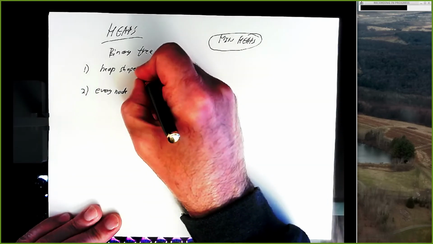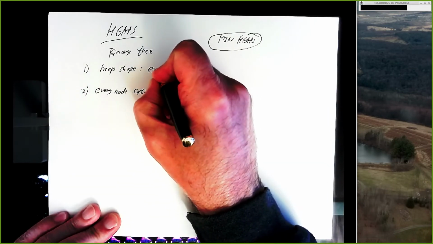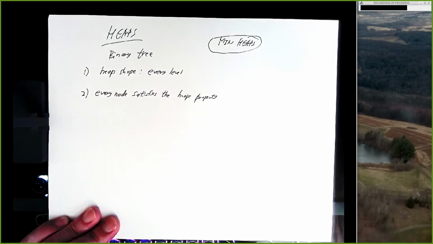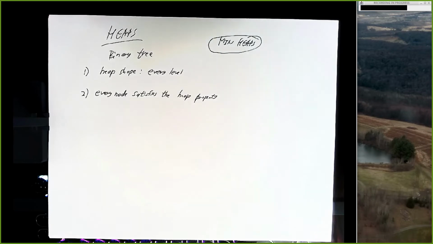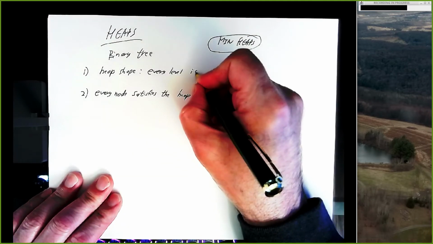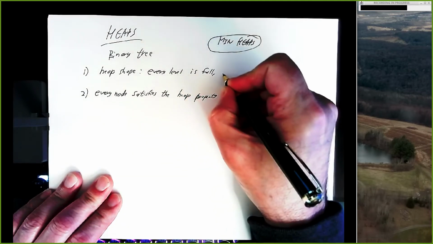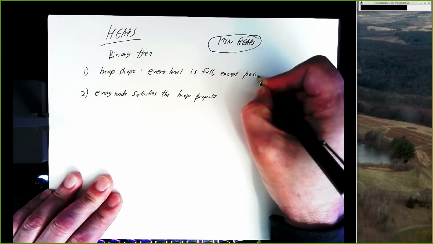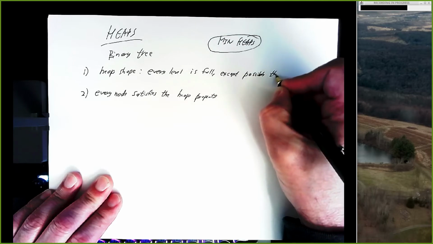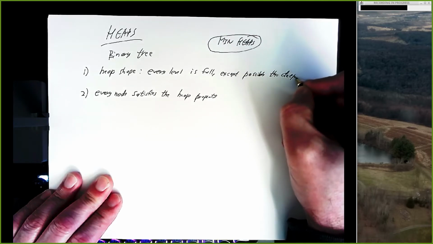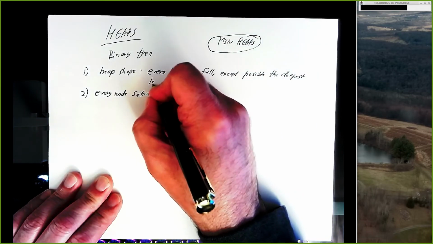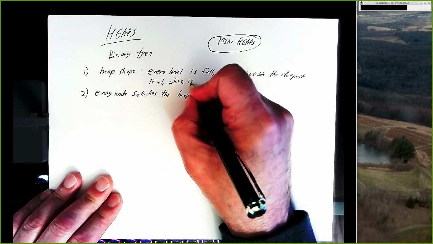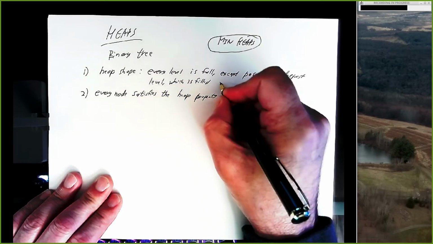So the heap shape says every level, meaning all the nodes of a certain depth, every level is full except possibly the deepest level, which must be filled from the left.